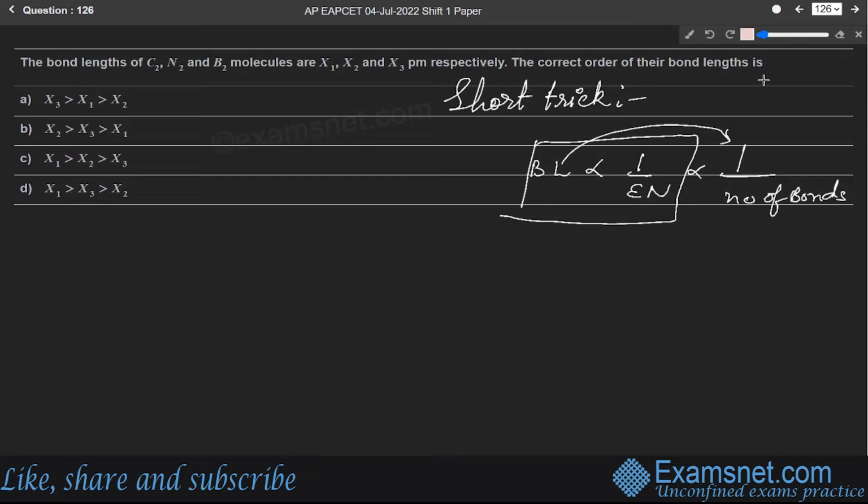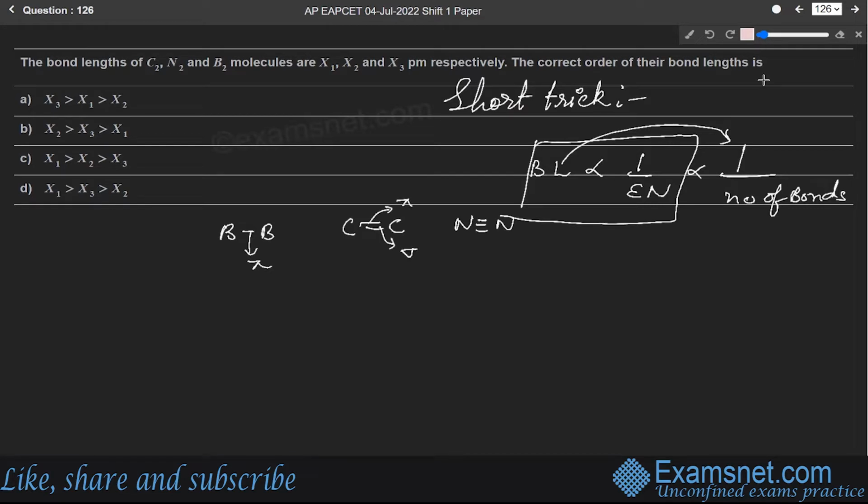Now, how can we compare this? Boron boron single bond is there. Carbon carbon double bond is there. Nitrogen has a triple bond. So when you talk about boron, carbon, nitrogen, can you see there is one pi bond? In a double bond, there is one sigma bond and one pi bond.